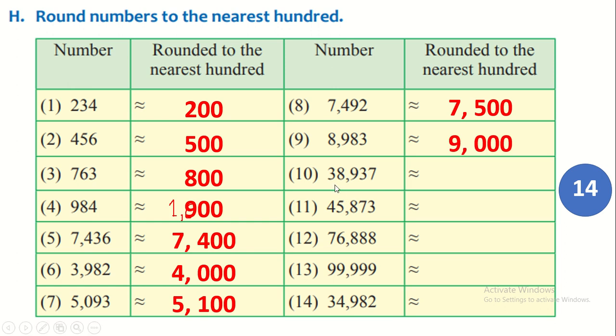Number 10. 38,937. You round this to 39,000. Number 11. 45,837. 8. You round this to 45,900. Number 12.